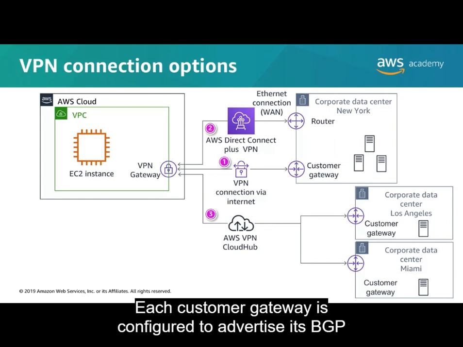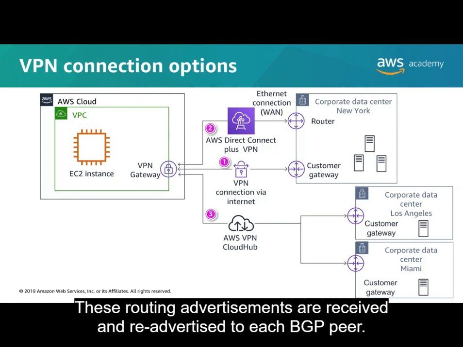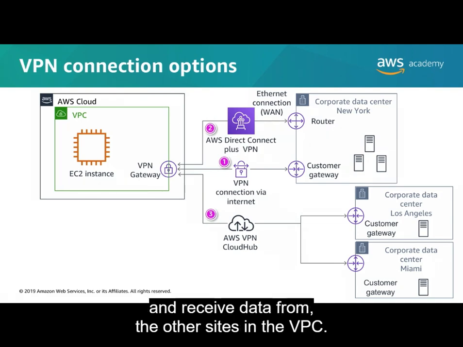Each customer gateway is configured to advertise its BGP routes over its site-to-site VPN connection. These routing advertisements are received and re-advertised to each BGP peer. This enables each site to send data to and receive data from the other sites and the VPC.